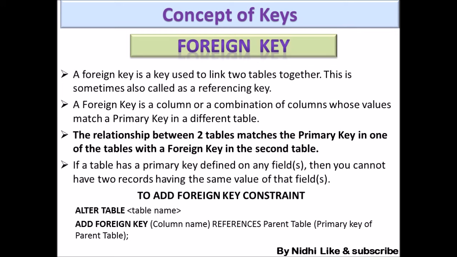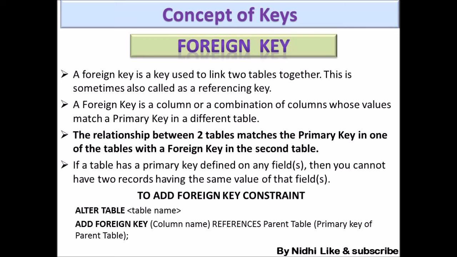A foreign key is a column or a combination of columns whose values match a primary key in a different table. A relationship between two tables matches the primary key in one table with a foreign key in a second table. So if a table has a primary key defined on a field, meaning a column, then you cannot have two records having the same value.